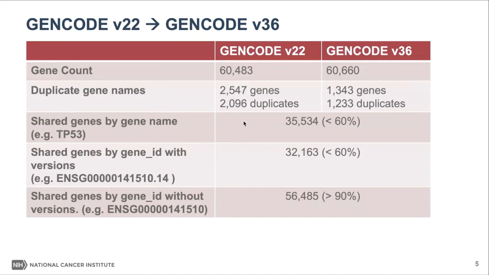So the exact same version is shared for about 32,000 of the genes. And then when you look at the gene ID without the version, so just without the decimal at the end, you get over 90% of the genes shared between GENCODE v22 and v36. So in terms of just the genes that are included, it is most of them.